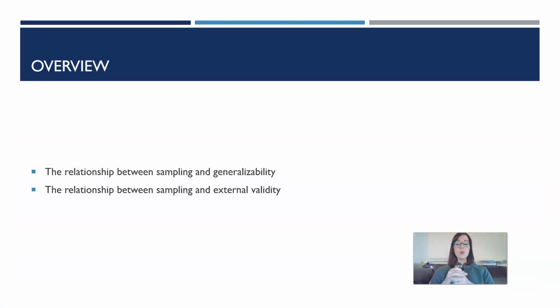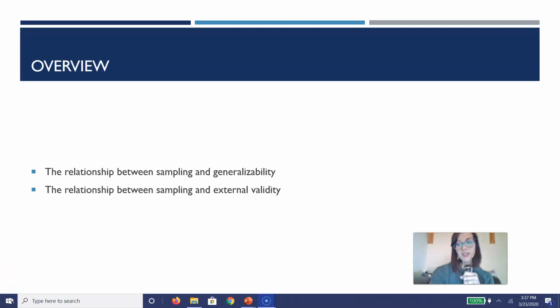So here's what we're largely going to talk about today. I've talked about these concepts before, but I think they do bear some repeating here. First of all, we are going to talk about sampling and generalizability. And then we're going to talk about how that applies to external validity.